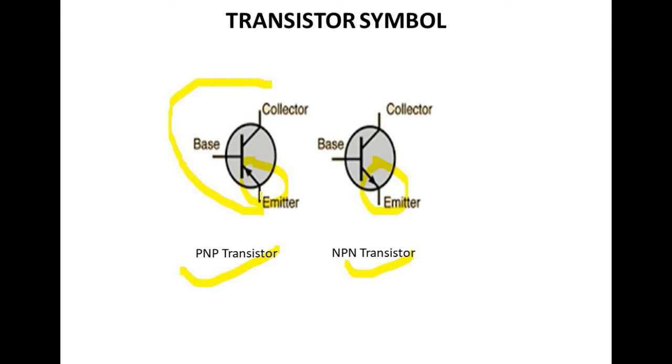In this case, current is pointing in, and in the NPN case, current is coming out of the terminal. Here current is pointing in, that is why it is called a PNP transistor, and this is the NPN transistor. PNP means pointing in. Here we can say current will be pointing in. Here we will say current is not pointing in.